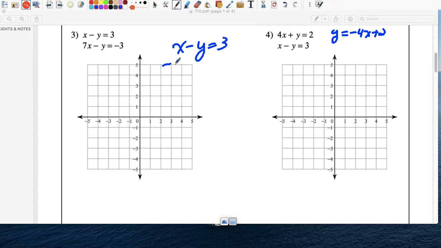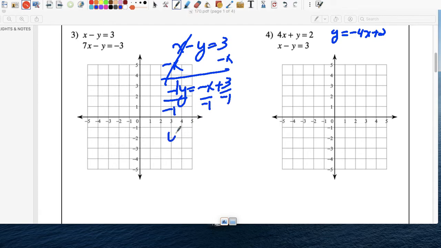So minus x, that goes away. We have -y equals -x plus 3. Remember, there's a 1 here, so again, we divide everything by -1. We get y positive, positive x, and -3. So our second equation is y equals x minus 3.